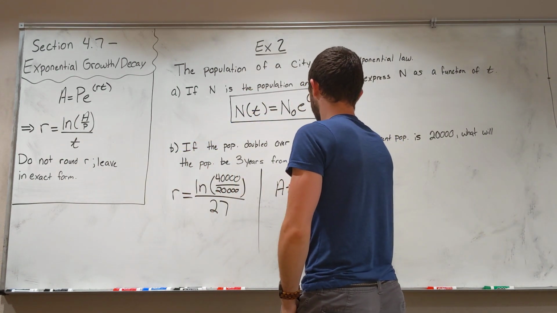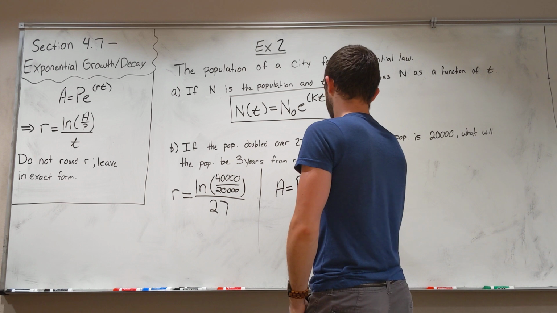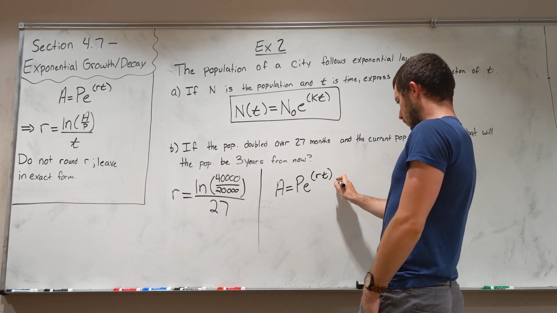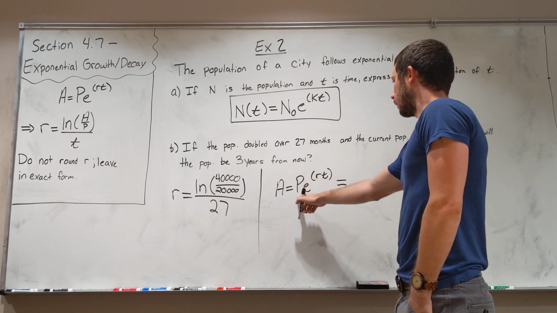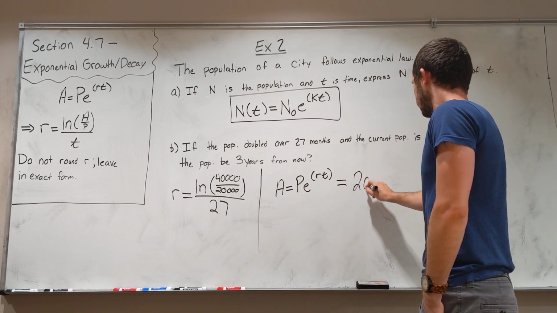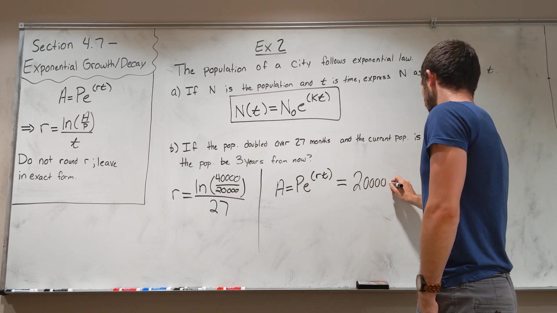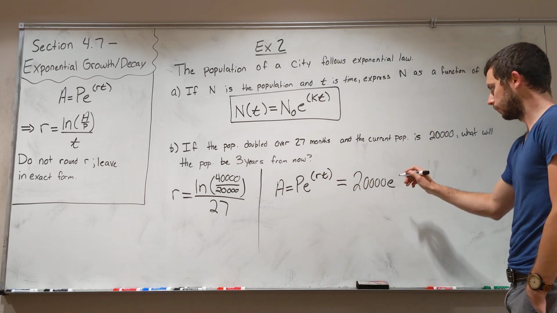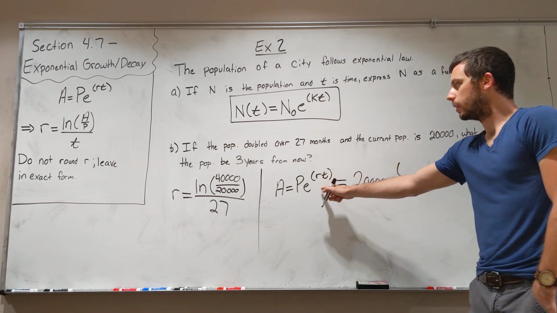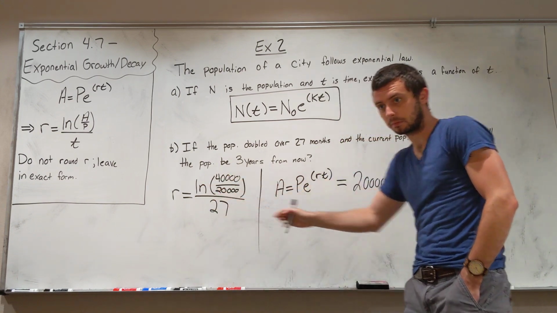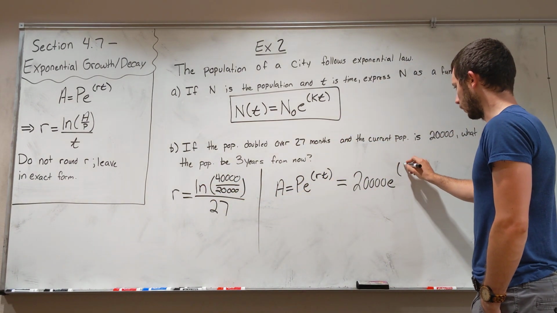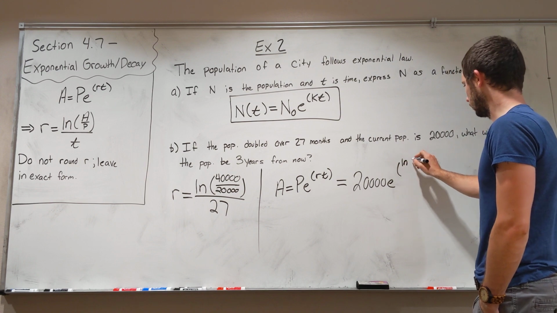So here's the exponential form. We know that P is 20,000. E is just E. The R here is all of this. Yeah, it looks very messy, but that is all part of the rate.